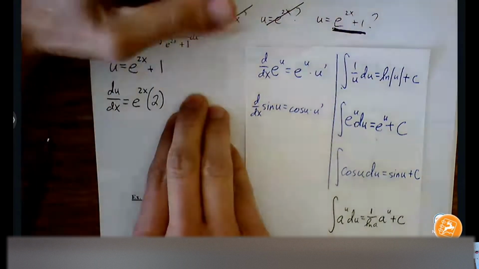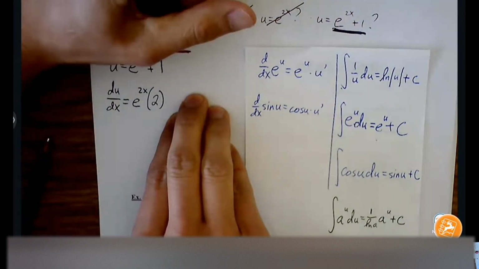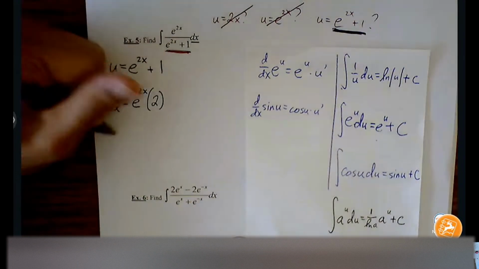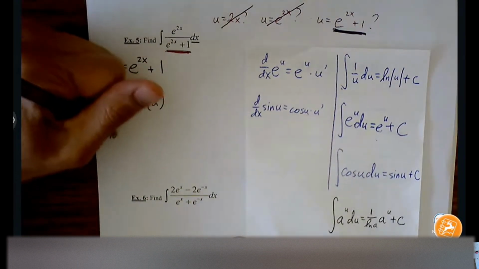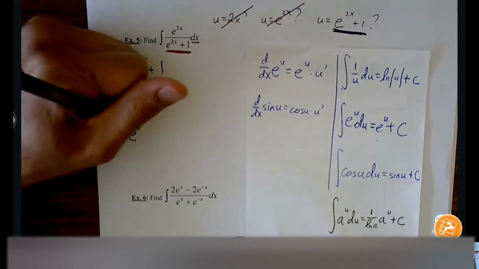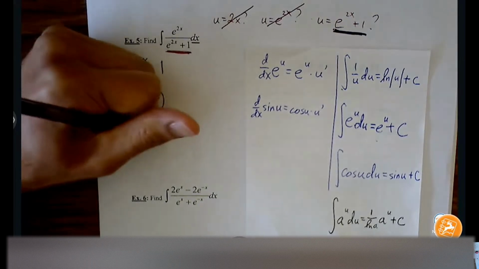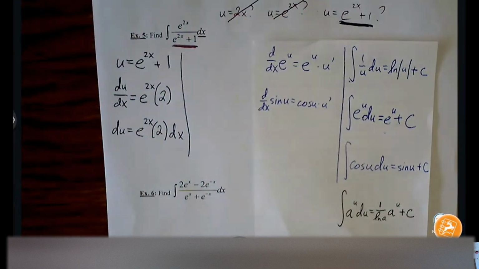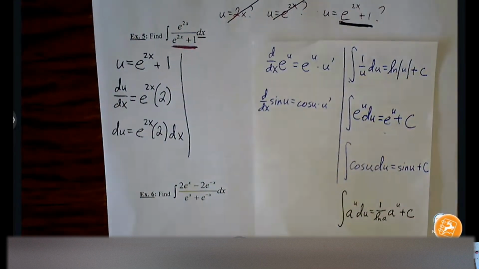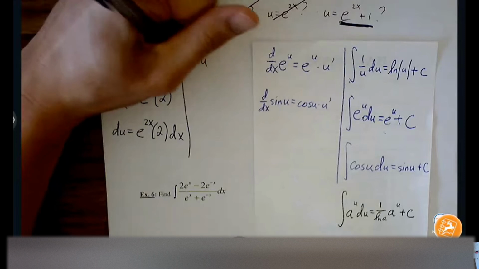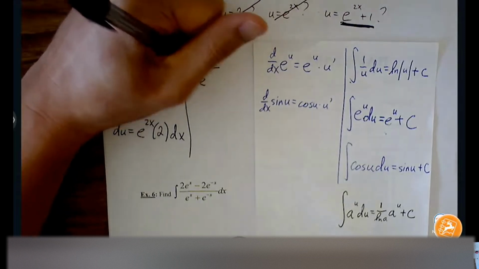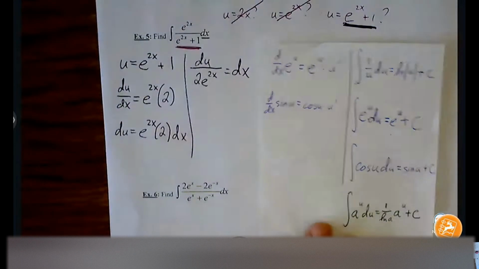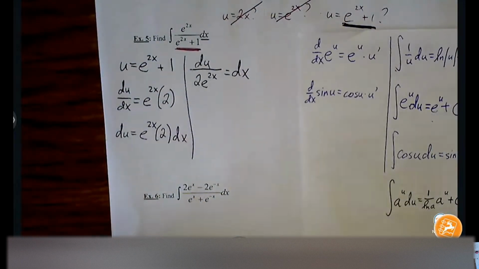Let me underline the parts that we're targeting here. Divide the 2e to the 2x over. Make our substitutions.